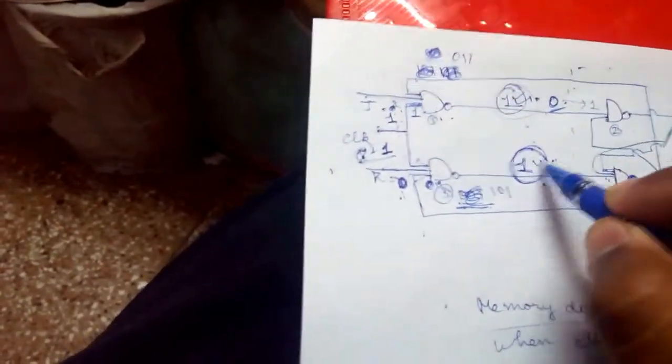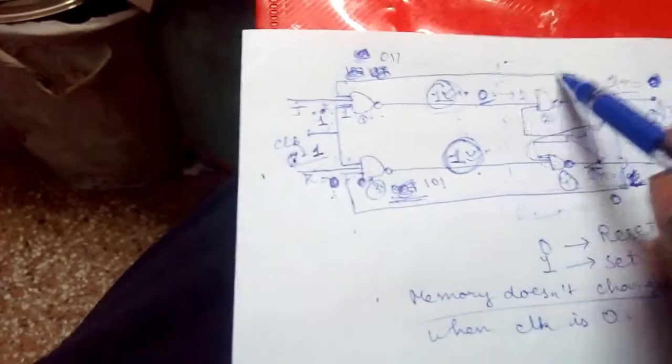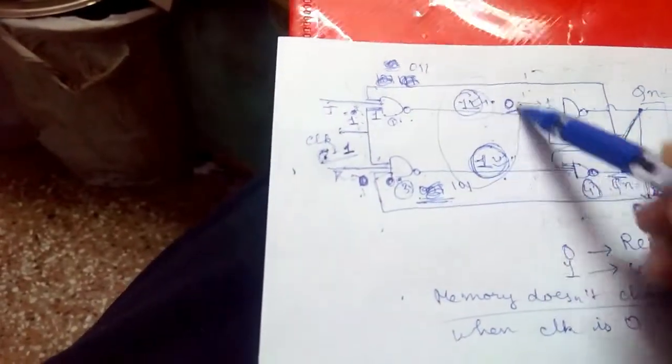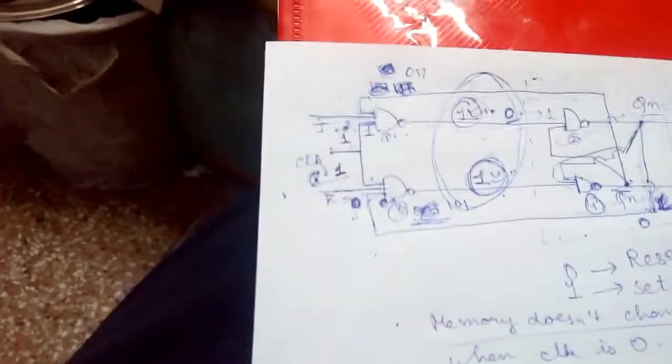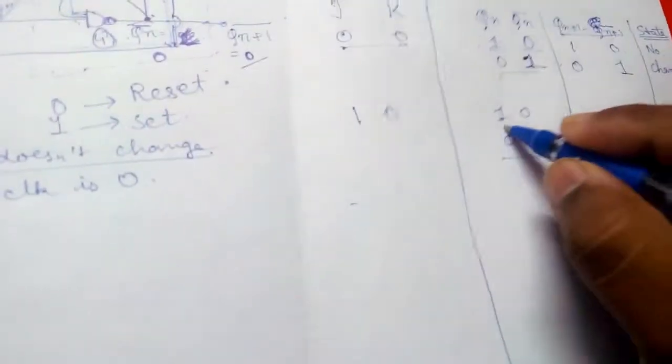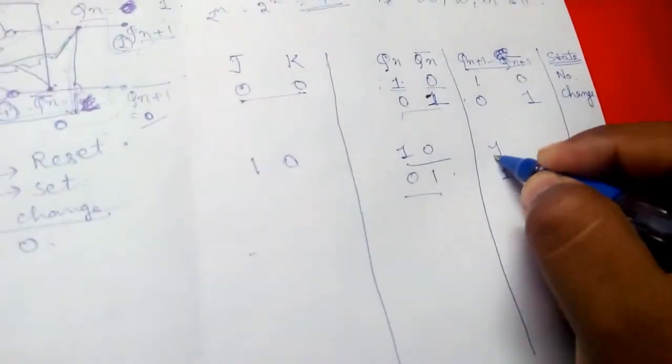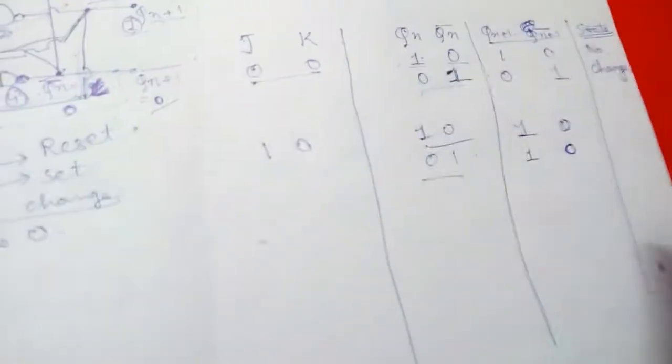The outcome would be 1. This is active low condition, therefore no change, as the output is 1, 1. In active low condition, no change, therefore the output for this remains the same: 1, 0.